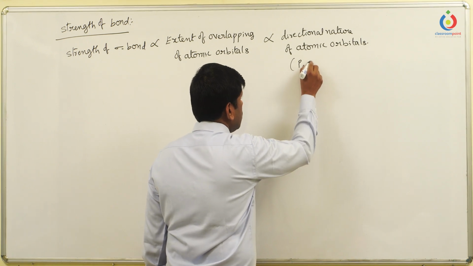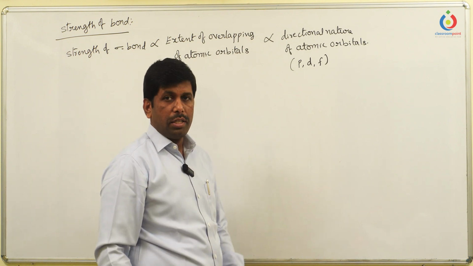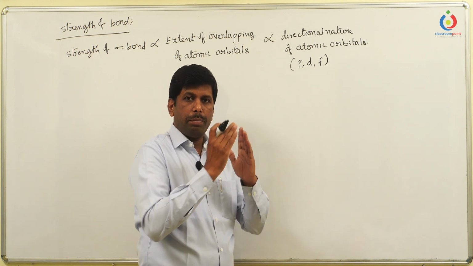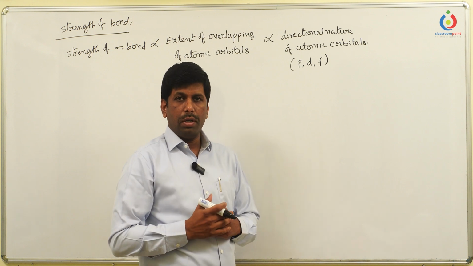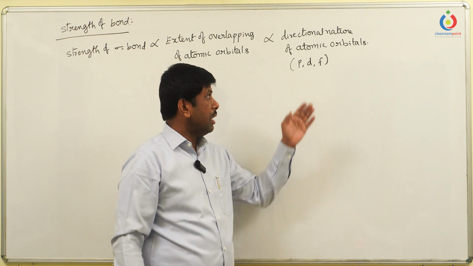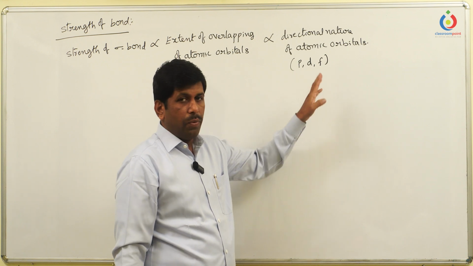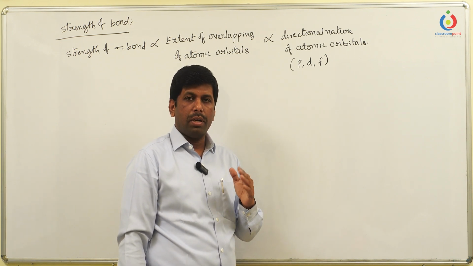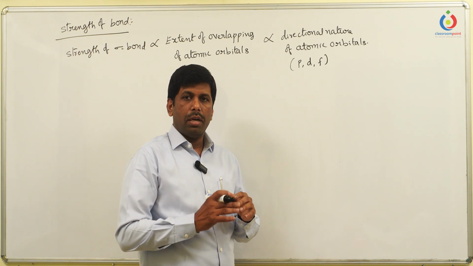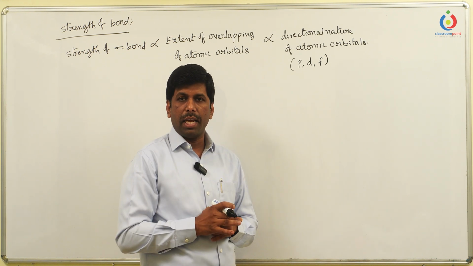P orbitals, D orbitals and F orbitals have direction, because in P orbital Px, Py, Pz are possible. In D orbital we know that 5 orientations are there. In F orbital 7 orientations are there. So when the number of orientations increases, the electron density in a particular direction gradually decreases, because the electrons have to be dispersed among all these axes.